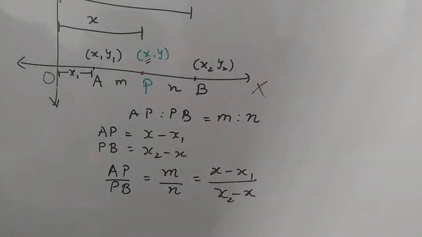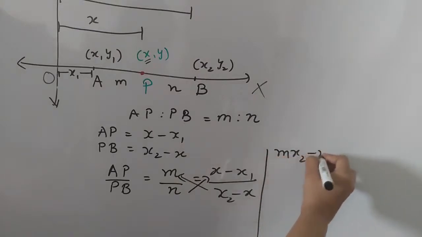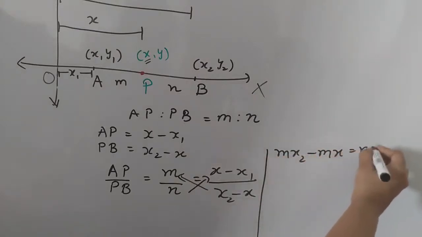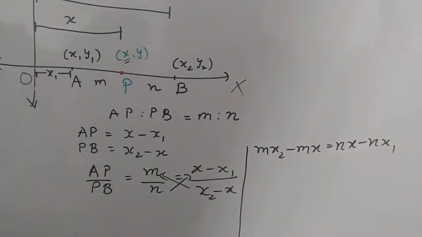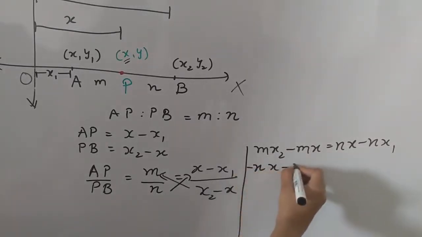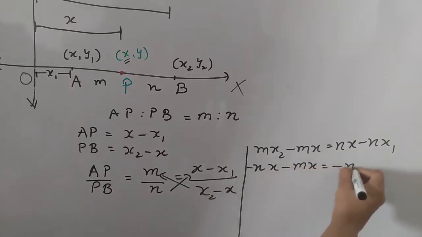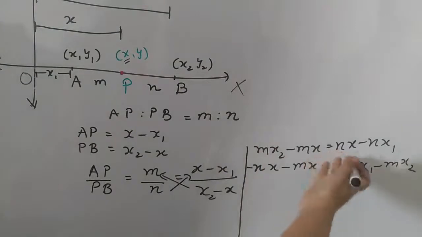So for that I take everything on one side by cross multiplication. I write mx2 minus mx is equal to nx minus nx1. Now I take all the x terms together, so I get minus nx minus mx is equal to minus nx1 minus mx2. This term goes to that side and nx is taken on the left side.